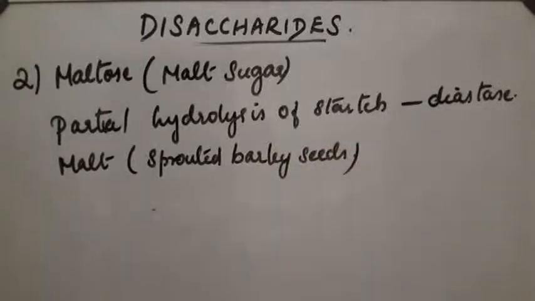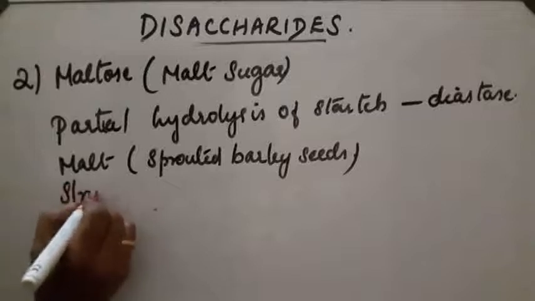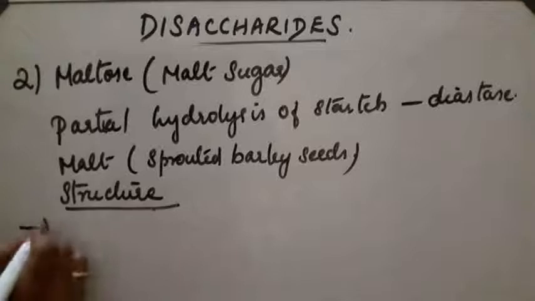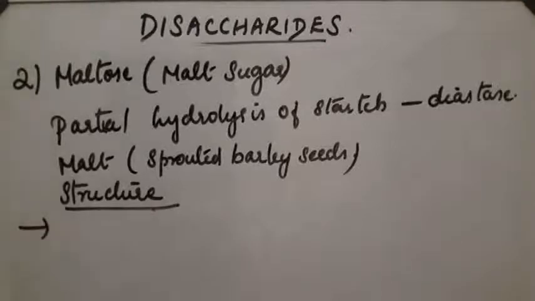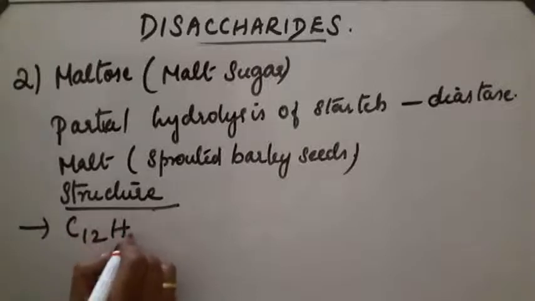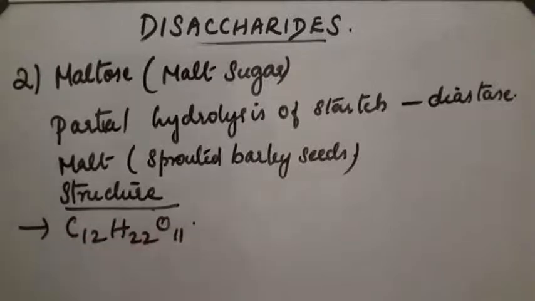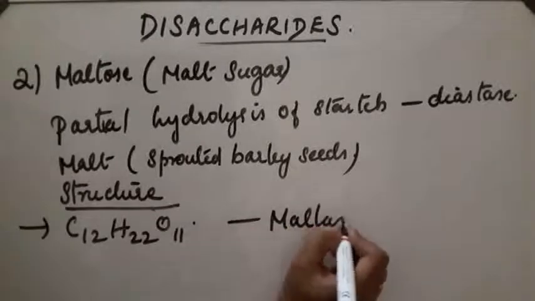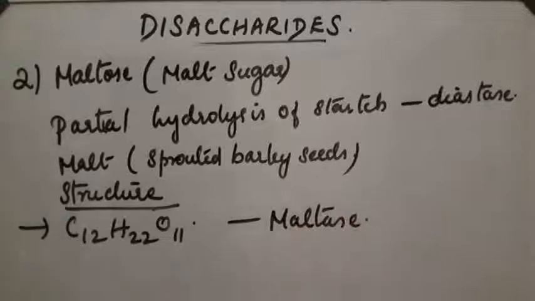Next, structure of maltose. Its molecular formula by elemental analysis and molecular weight determination is C12H22O11. Maltose on hydrolysis, in the presence of an enzyme called maltase, gives two monosaccharides.